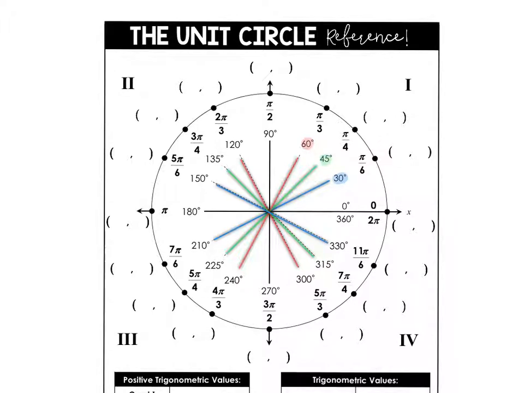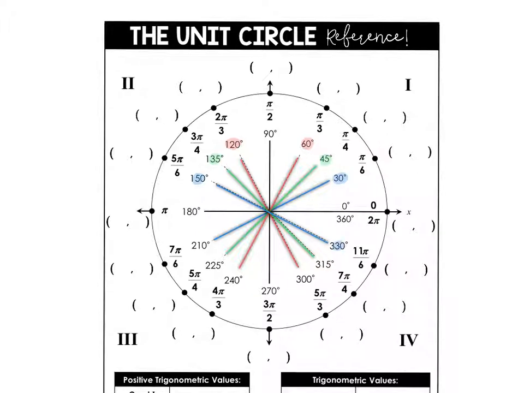Then I have it reflected along the y-axis so that my other side at 120, 135, and 150 degrees, it's all reflected along the y-axis. That should be blue. Okay, so I color coordinated it for you.